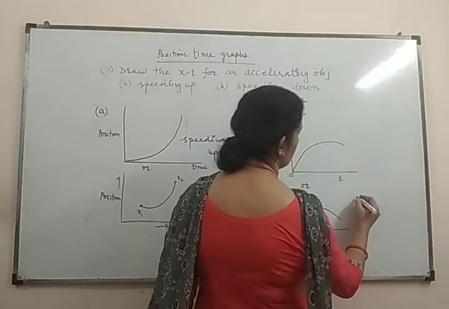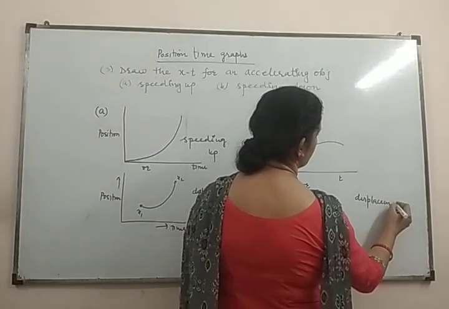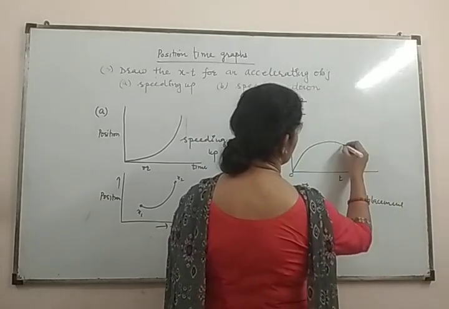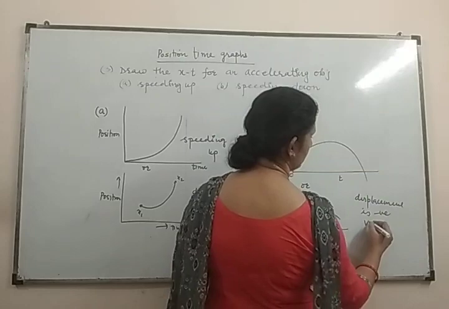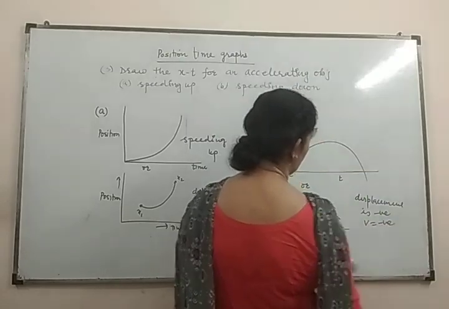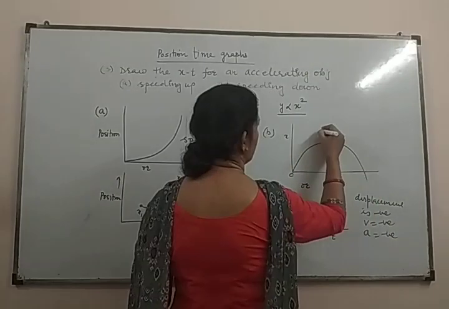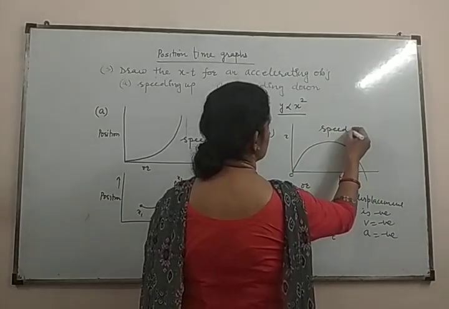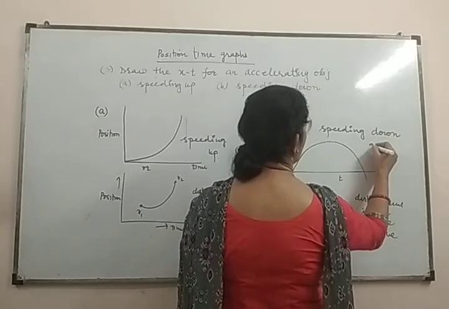Here the displacement is negative, velocity is negative, so acceleration is negative, and you can say this is the speeding down graph.